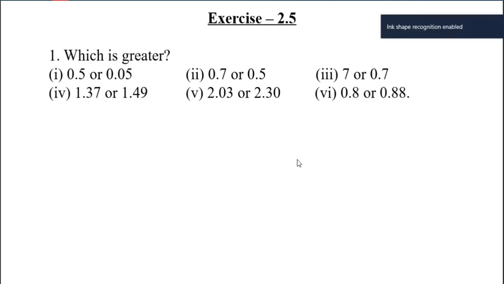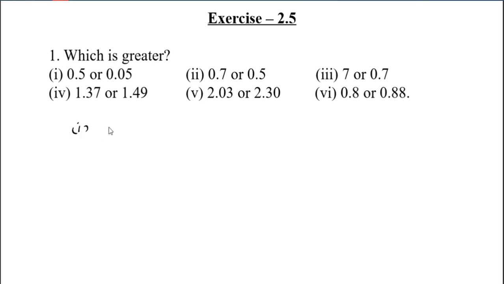Now let us start the exercise 2.5. We will do some problems. Which is greater? Which is greater means comparison. So just to compare the given numbers, take the first one, 0.5 and 0.05. When you compare the decimal numbers, what is the rule we follow?